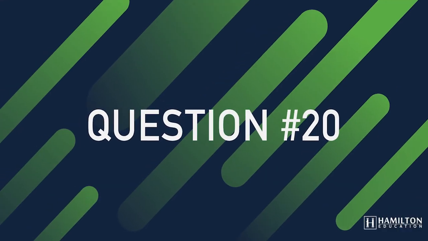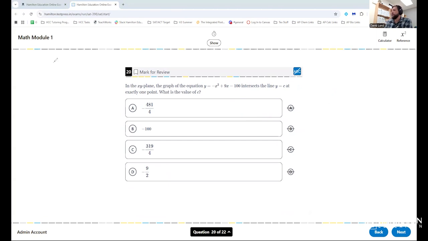Question number 20. In the xy plane, the graph of the equation y equals negative x squared plus 9x minus 100 intersects the line y equals c at exactly 1 point. What is the value of c? So there's a couple ways of interpreting this question, but essentially what we're looking for is one solution to the system of equations. So let's first set them equal to each other.